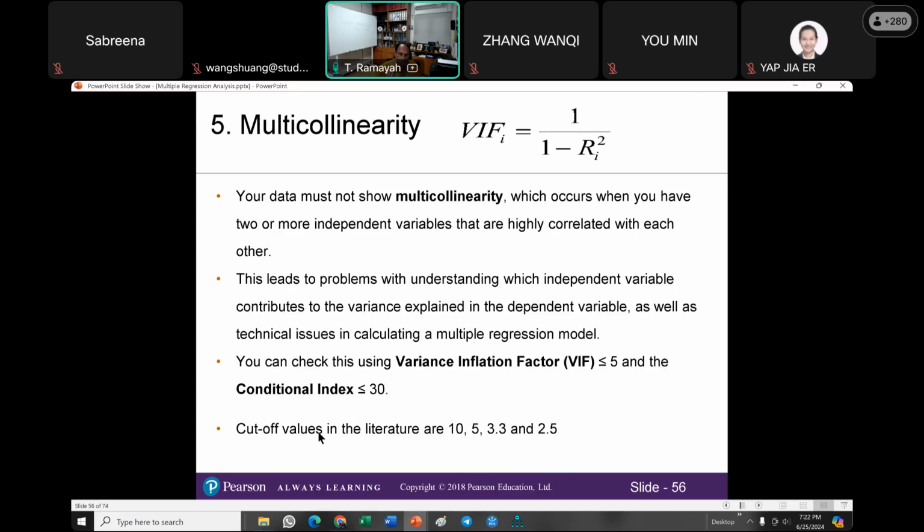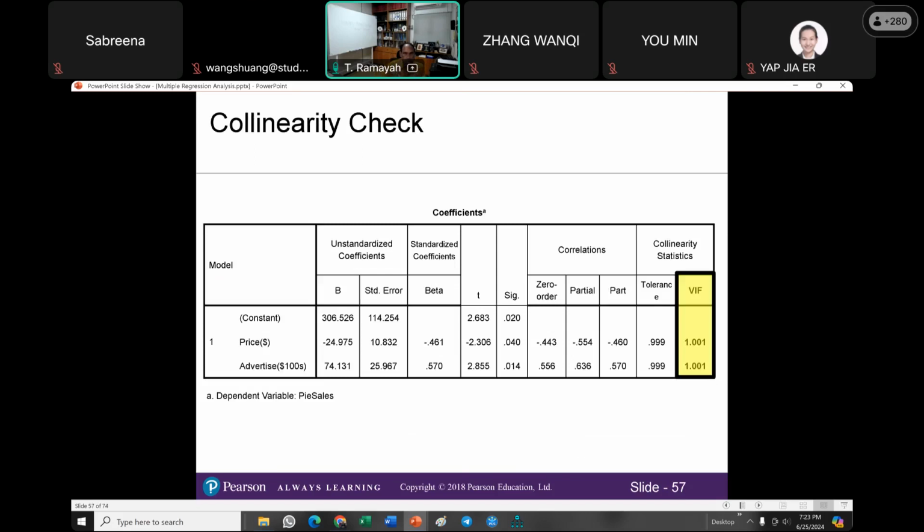Okay. The cutoff values in the literature are 10, 5, 3.3, and 2.5. But currently, you should be looking at only 2: 5 or 3.3. Those are the two numbers we will look at. Okay. So where do you get the value for collinearity?